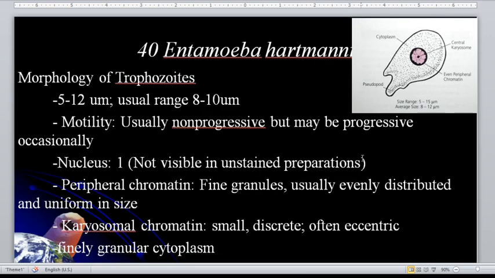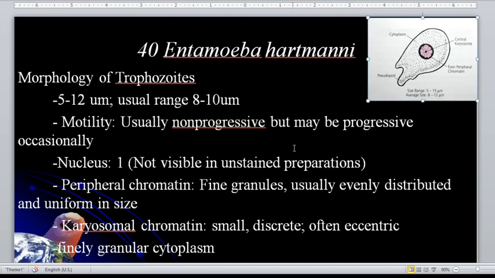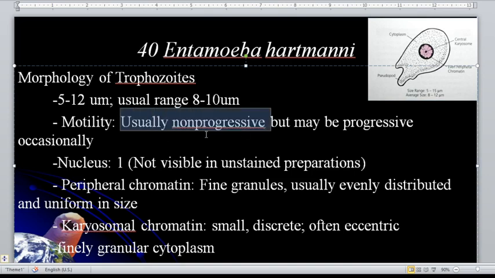Next slide. So we have Entamoeba hartmanni. They are morphologically the same but smaller. The motility, guys, unlike Entamoeba histolytica, for hartmanni is non-progressive. Therefore, it is non-directional.